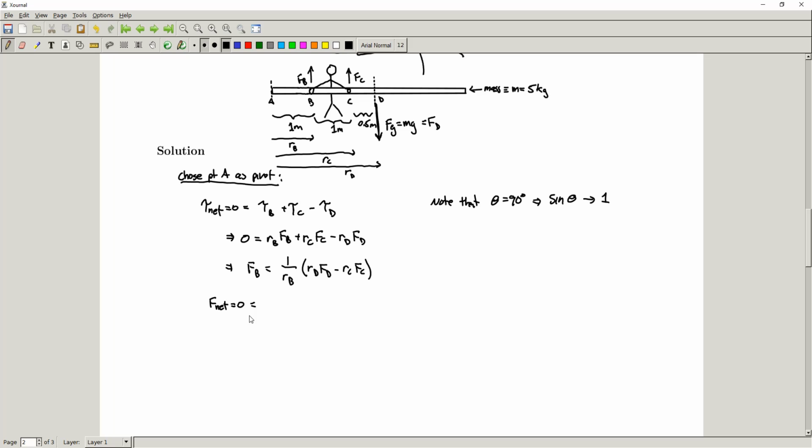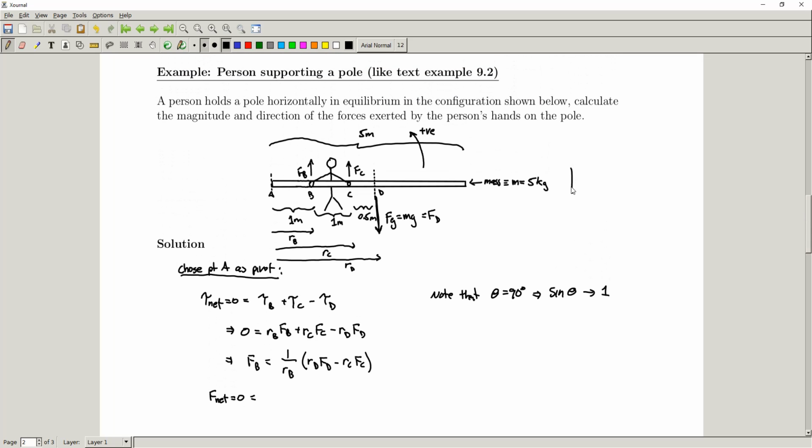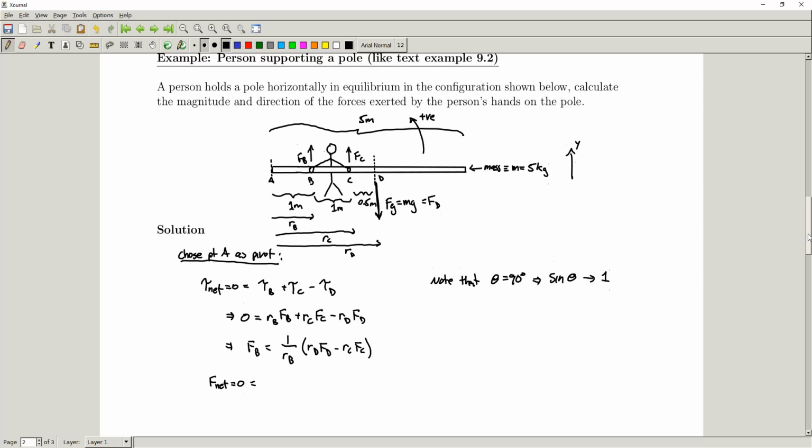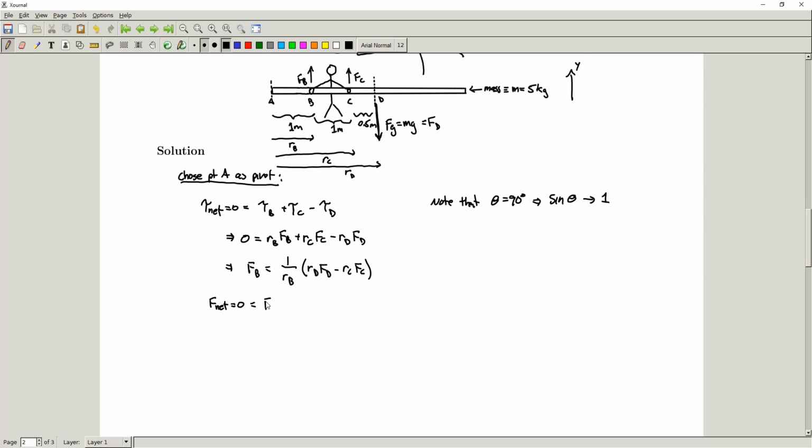And again, if we think about the positive y direction as this way, then we can see right away that we have FB plus FC minus FD acting in the y direction here. So FB and FC in the positive y direction, and FD in the negative, right? If we reorganize this, we're going to see that FC is equal to FD minus FB, right?